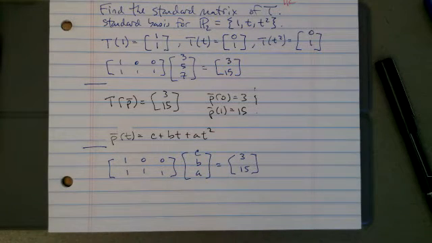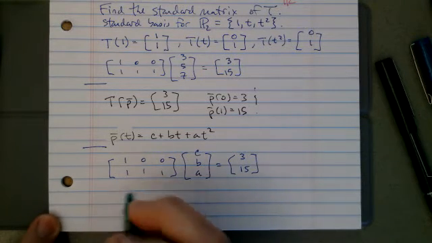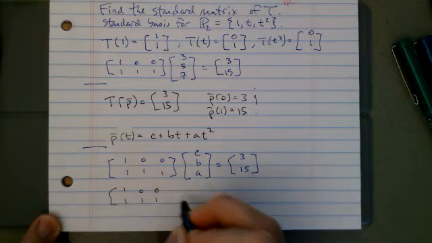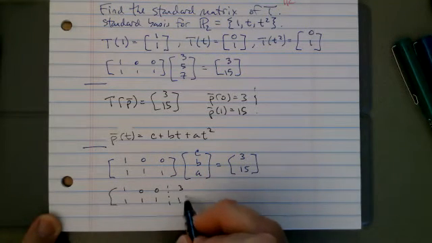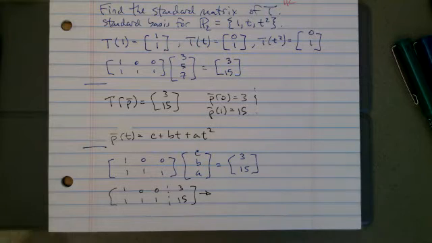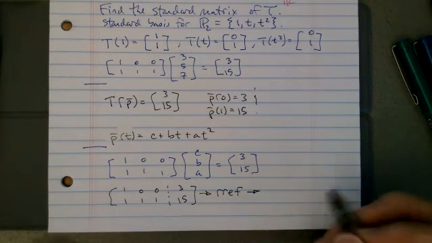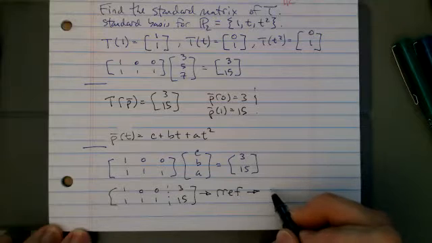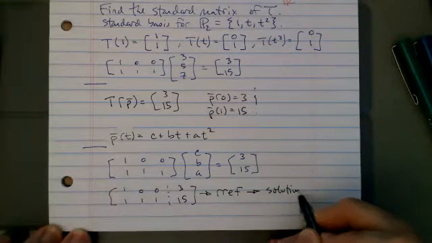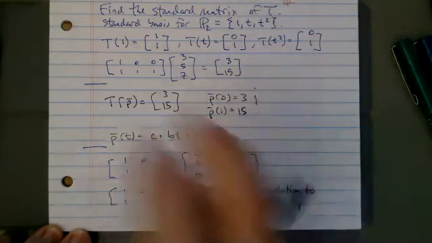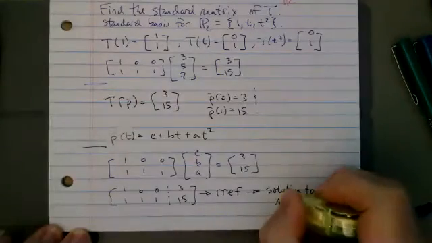That would just be a matter of reducing the augmented matrix, 1, 1, 0, 1, 0, 1, 3, 15, and then finding the reduced row echelon form, and then getting the general solution.